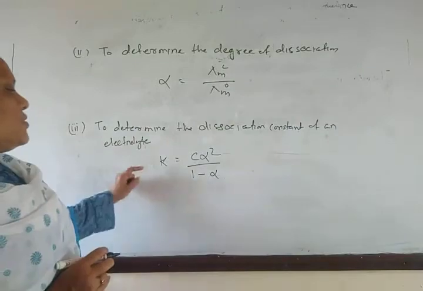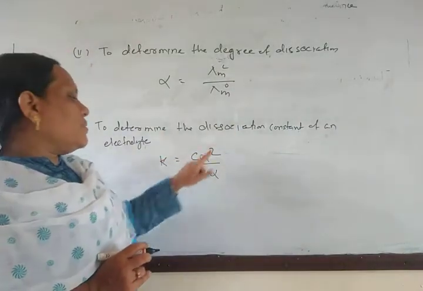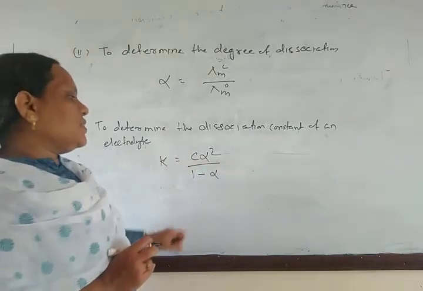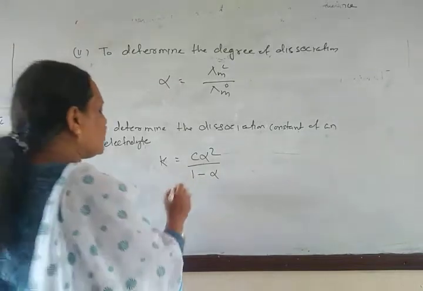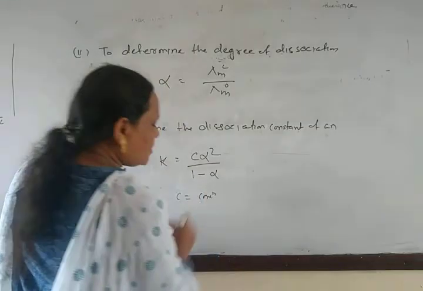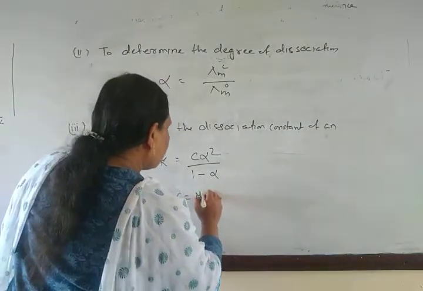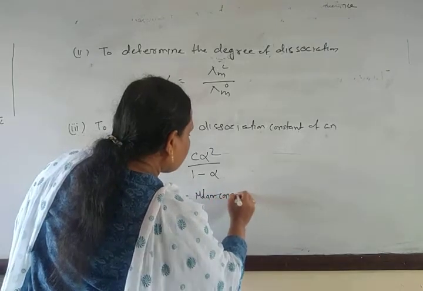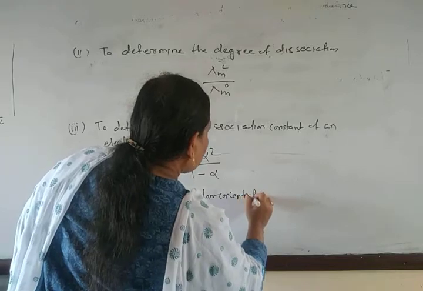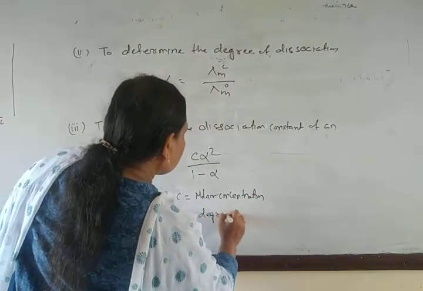So the dissociation constant of a weak electrolyte can be determined by the formula C alpha square by 1 minus alpha, where C represents the molar concentration and alpha is the degree of dissociation.